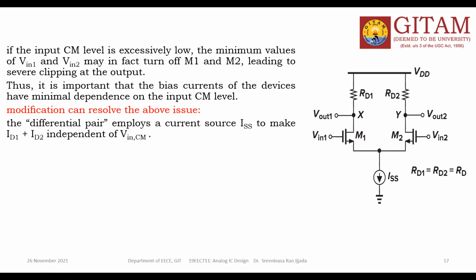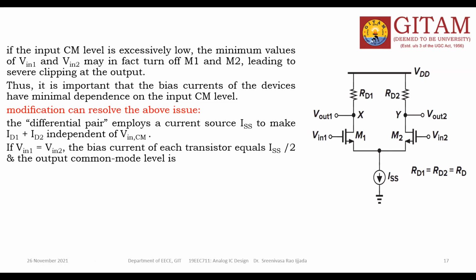So by connecting a constant current source, called the tail current source, you can make your transistor biasing independent of the common mode voltage.